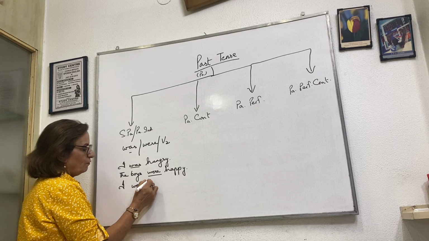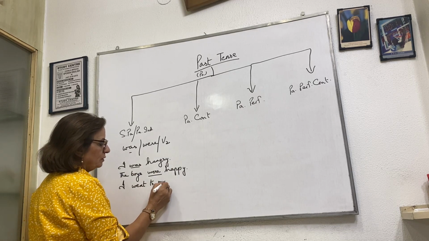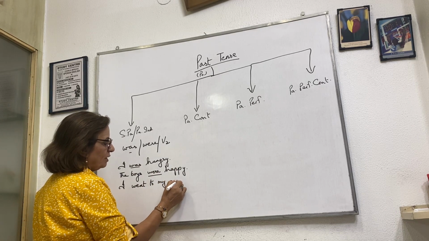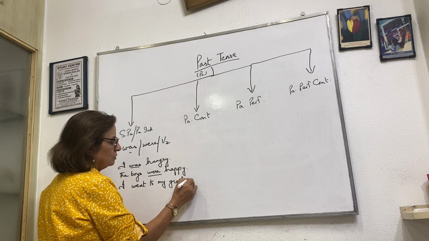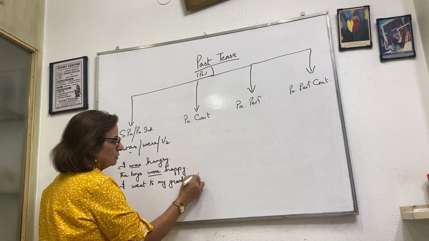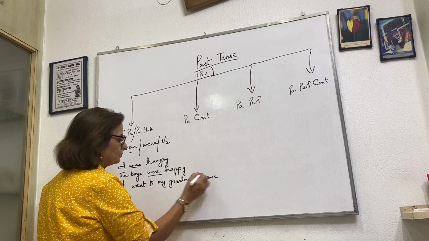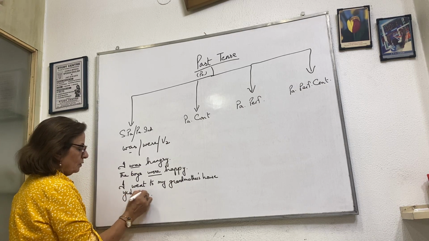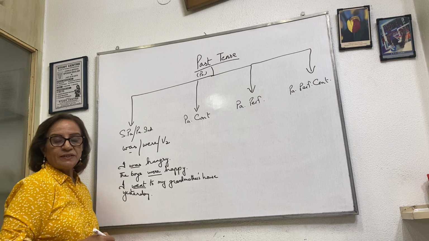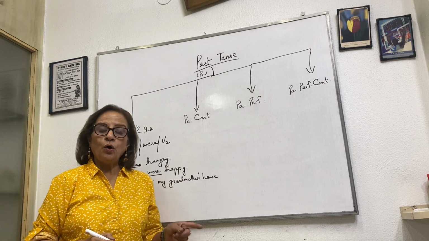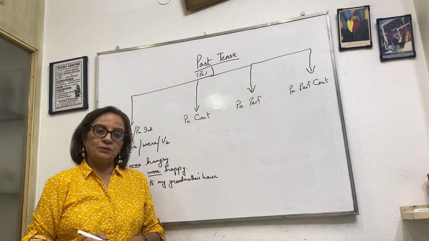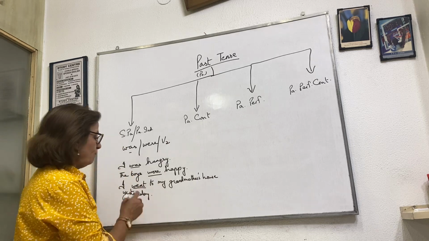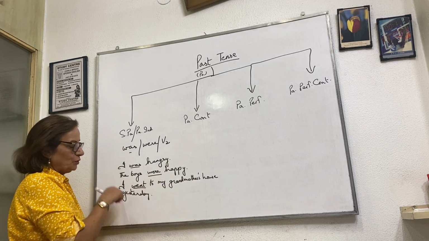I went to my grandmother's house yesterday. So we have used went. Went is the second form of go, went, gone. Okay, V2. So I went to my grandmother's house yesterday.